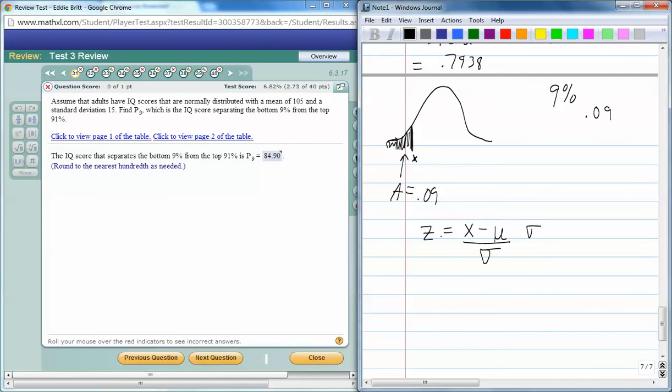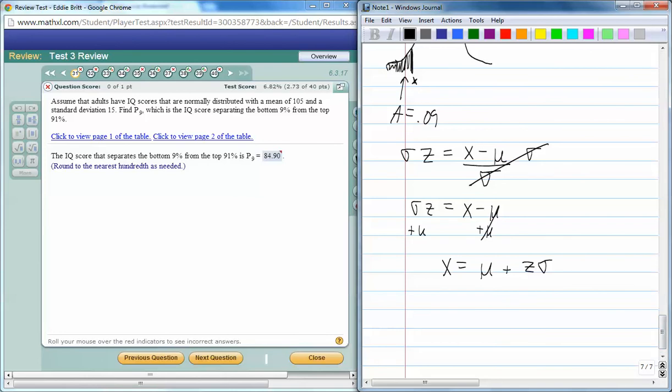If I multiplied both sides by sigma, those sigmas cancel out, and I would have sigma times z, or z times sigma, equals x minus mu. Now if I want to solve for x, you add mu to both sides. So x equals mu plus, I usually write z times sigma, not sigma times z, but you can write it either way. So the x value is equal to the mean plus the z-score times the standard deviation.